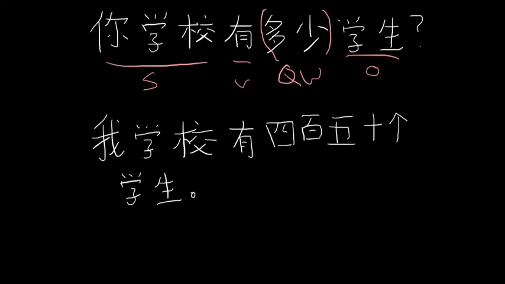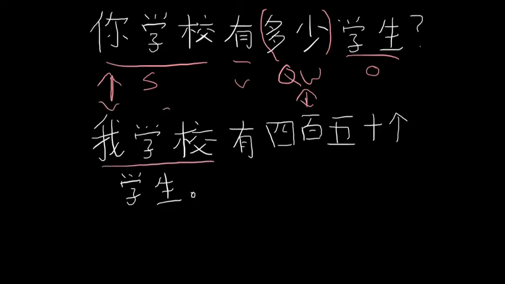With Chinese, you drop your question word. So we're going to get rid of the 多少. To answer it, you obviously drop the question word, and you put in how many students there are. You replace the ni with the wo, so the subject changes and everything else is the same.